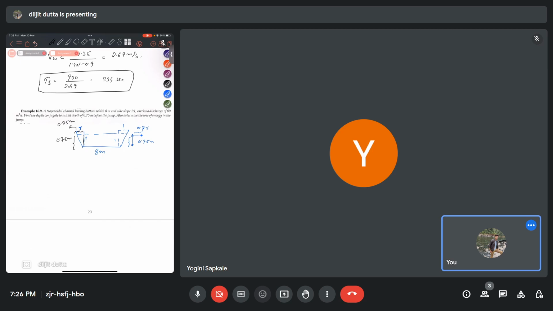So let us first get the initial section, when y1 is equal to 0.75 meter. Let us get A1. What will be A1?